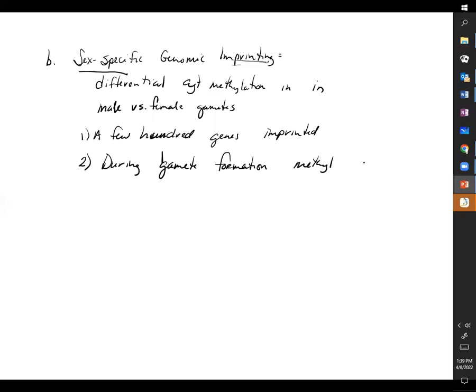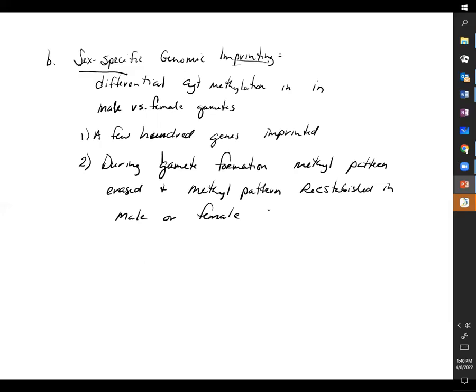So the methyl groups are taken off the cytosines on both chromosomes, and the methyl pattern is reformed based on the gamete of the sex. So it's reestablished in a male or female specific way.